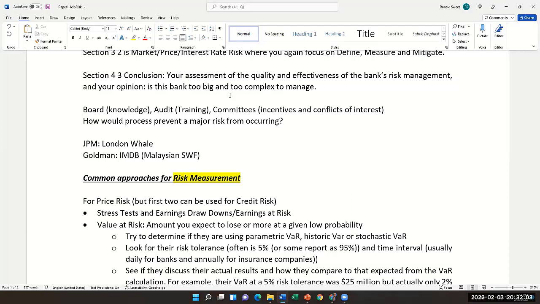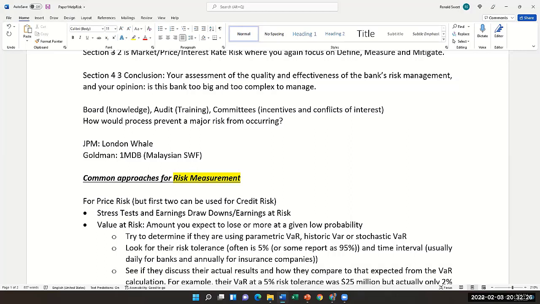So when you're looking at your bank, all of your banks have some major risk, some huge loss that they've suffered. Would what they're doing today have prevented that, or can it happen again? So you might actually just type in major losses.